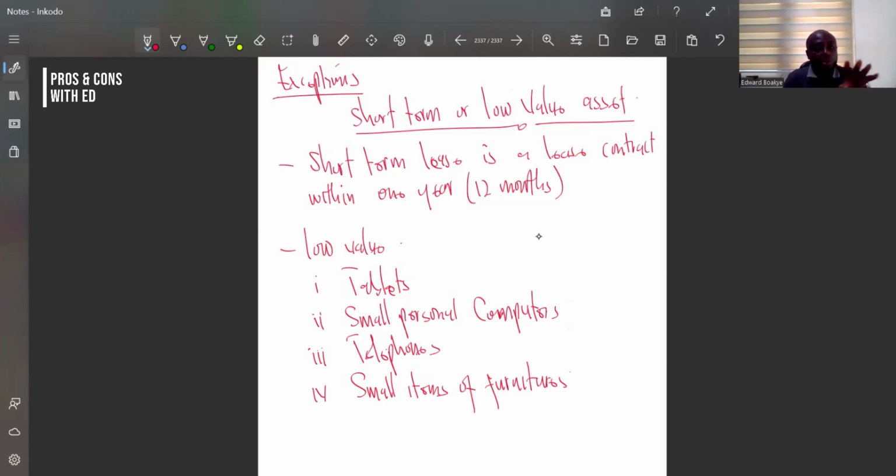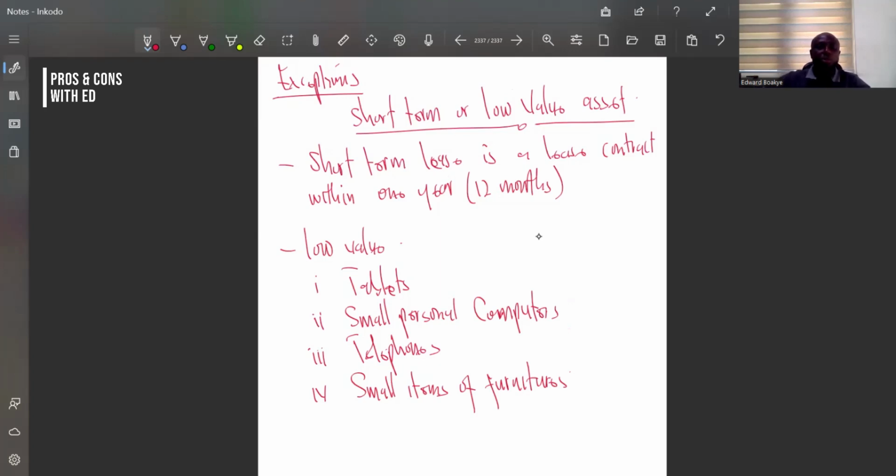An organization can bypass and use the exceptions rather than using an operating lease or a finance lease. But the good thing is the exceptions are not that different from an operating lease. For example, with a short term, if I pay 9,000 within 9 months, I just take it to my P&L.